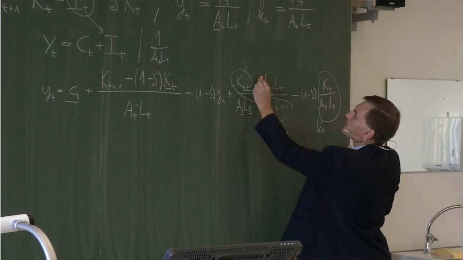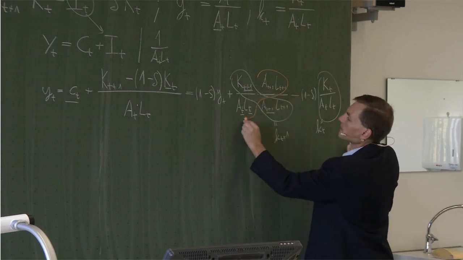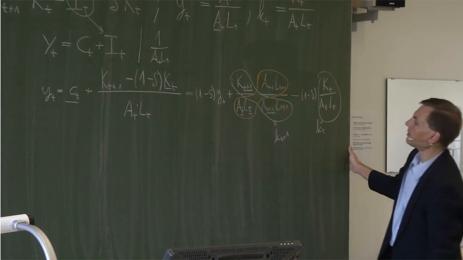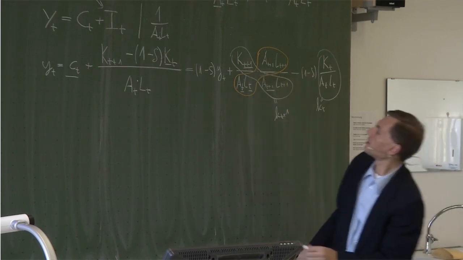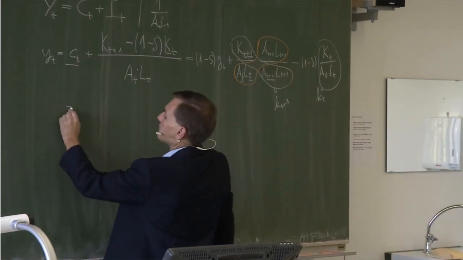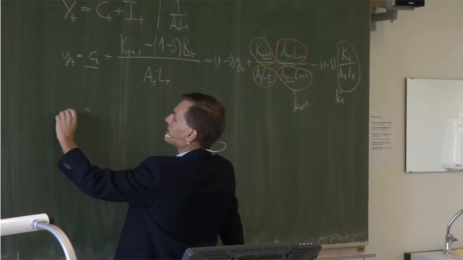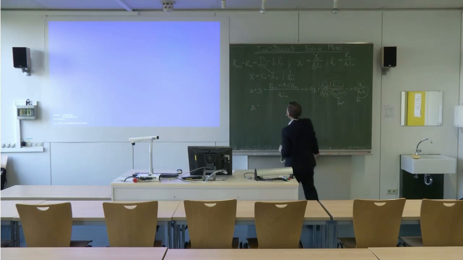Maybe I circle this with another color. So what is this here? Well, this is what I have to tell you in a minute, but let me first write down what we already have. On the left-hand side is my yt.